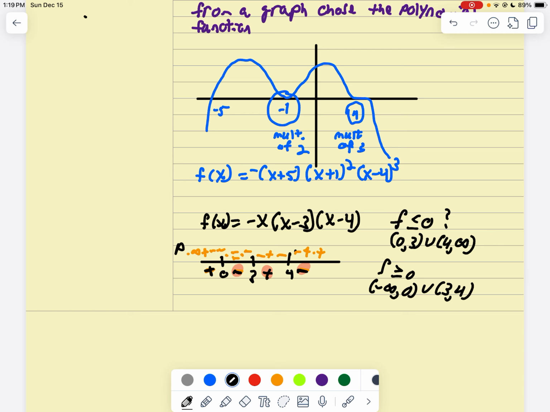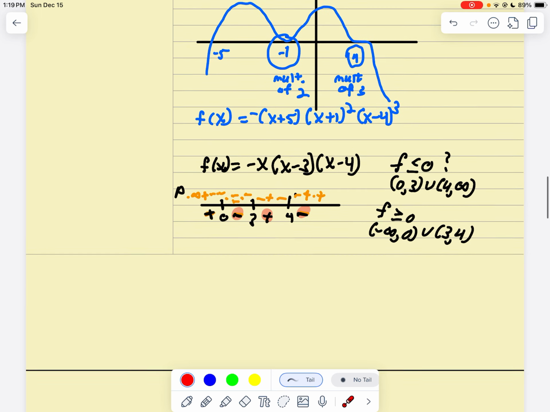And you just do a sign chart. All right. You set down all the zeros. You got a 0 at x equals 0, 0 at x equals 3, and a 0 at x equals 4. And then you check the sign of the polynomial to the left of 0, between 0 and 3, between 3 and 4, and then to the right of 4. And you see you get these signs.